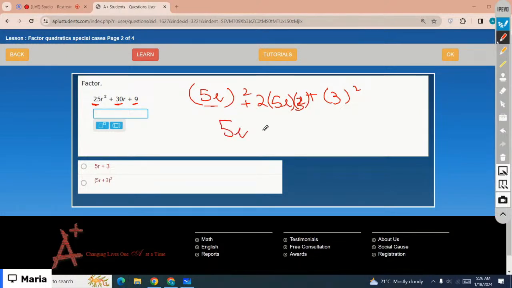That means you can write it as 5r plus 3 whole square. So the factors are 5r plus 3 whole square. Got it?